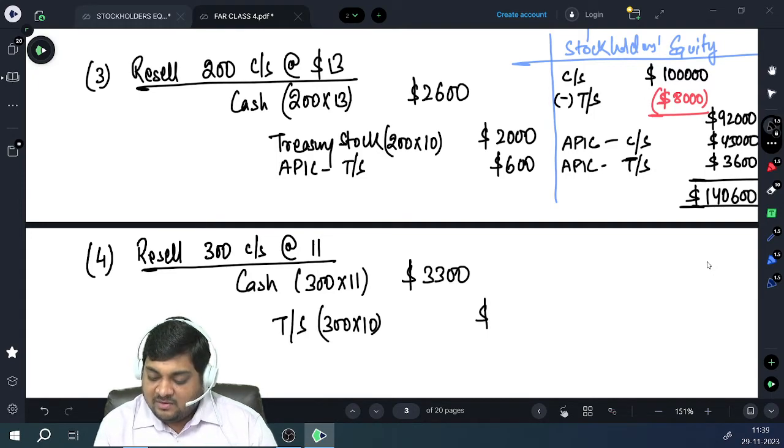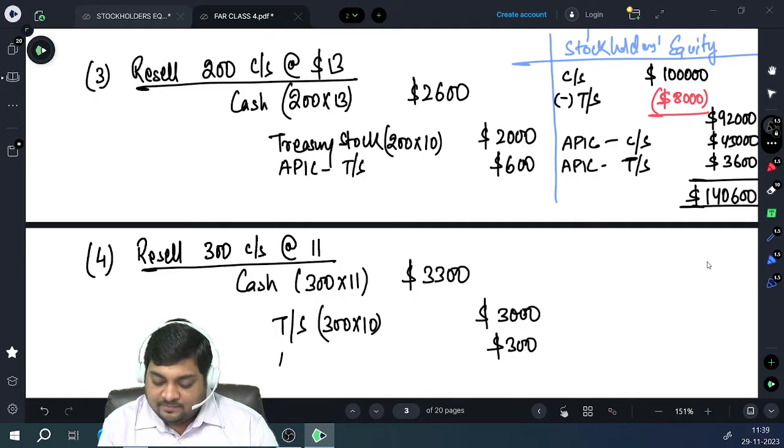Treasury stock is at par value. So here 300 will be gain, which will go to additional paid in capital treasury stock.